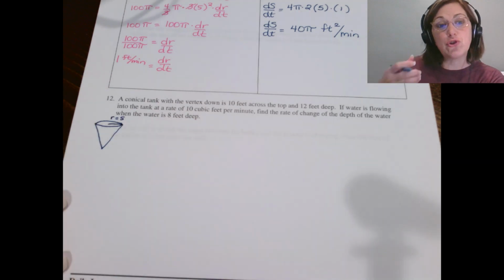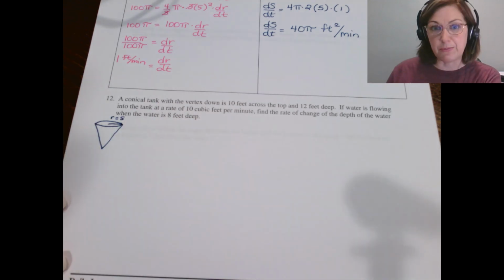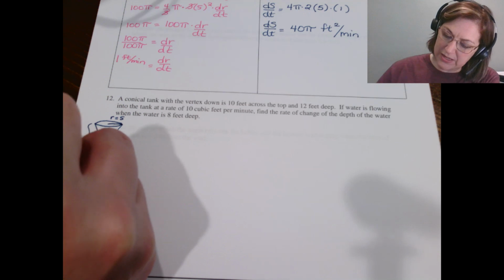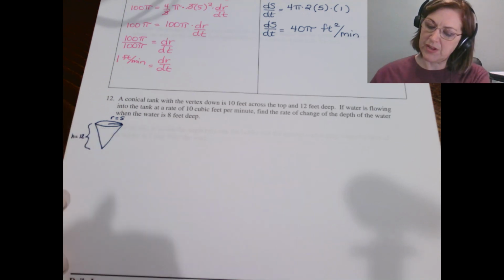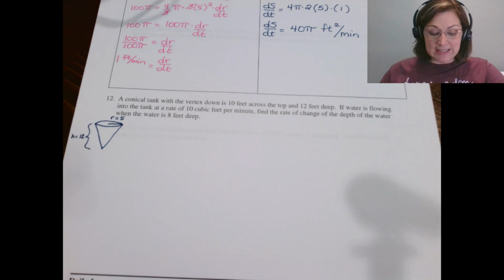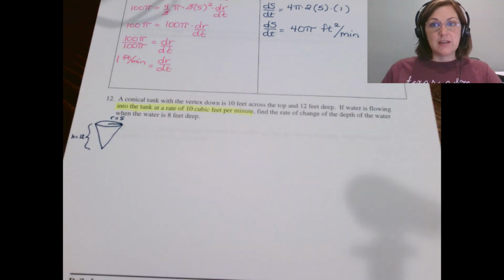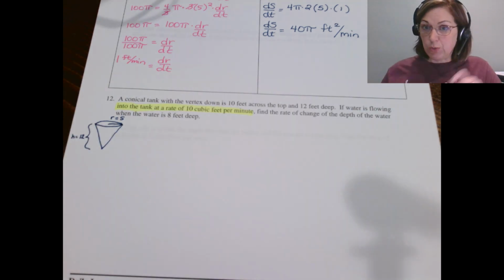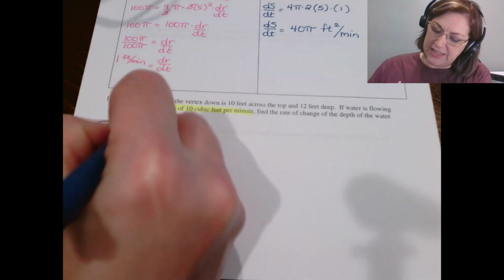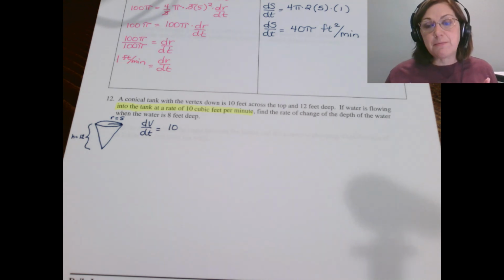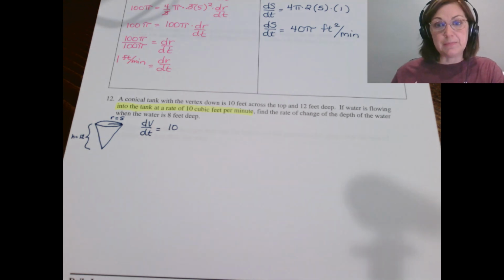And that's of the full snow cone cup, the cone, right? And we're told that the height of the cone is 12. Water is flowing into the tank, that's a key word, at a rate of 10 cubic feet per minute. Watch the cubic feet. That's letting you know that dV/dt is a positive 10, because it's flowing into the tank.